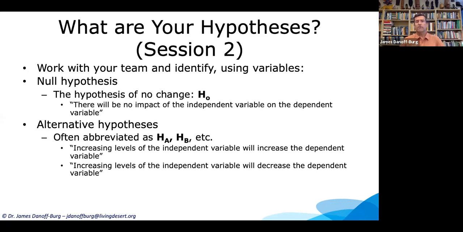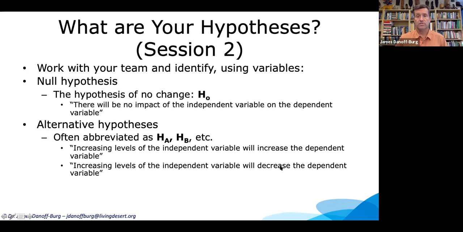Then we also have, of course, our alternative hypotheses that we talked about, that we summarize with H subscript A, H subscript B. And they can be phrased however you want, that increasing values of the independent variable will increase the dependent variable, or same thing, but the opposite, increasing values of the independent variable will decrease the dependent variable, right?